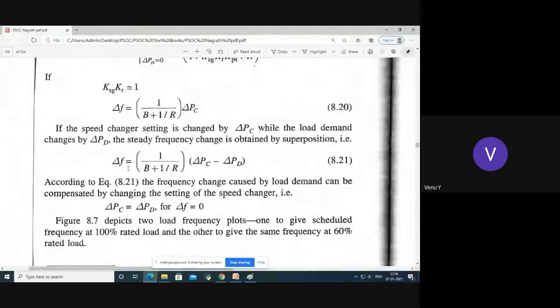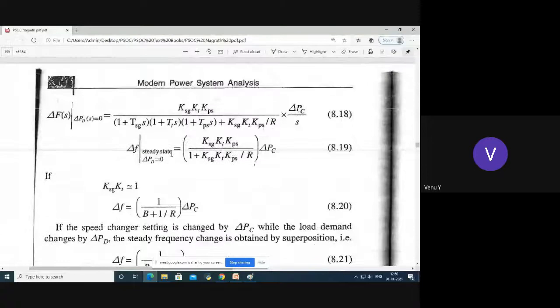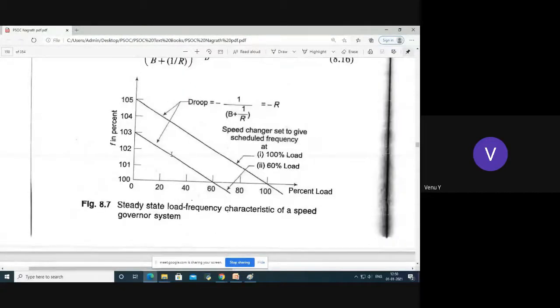So this is the delta F variation for ALFC equal to 1 by beta. 1 by beta is plotted like this. This is the steady state response of your frequency characteristic or speed governing system. It is also important. Like that, you can adjust the droop. Droop is 1 by R. R can be adjusted.